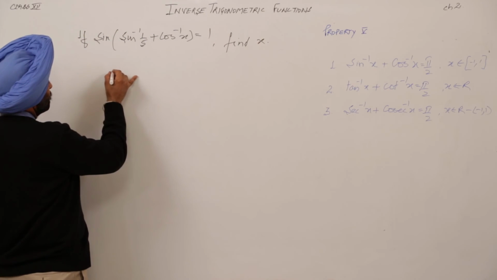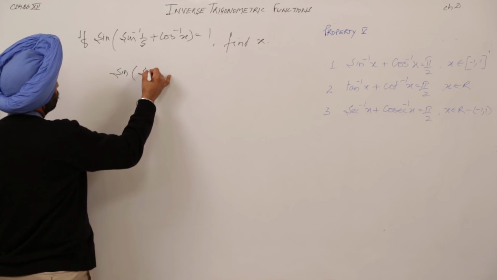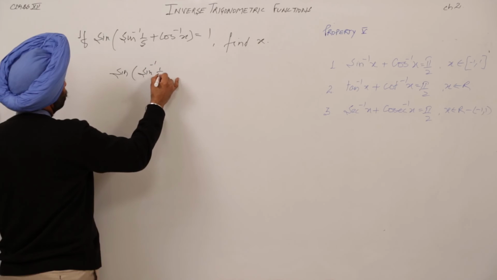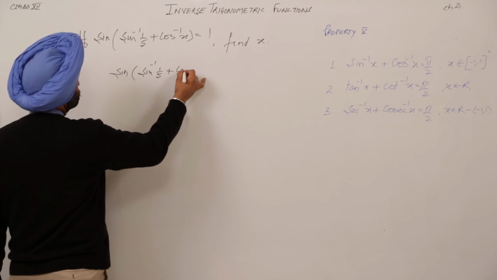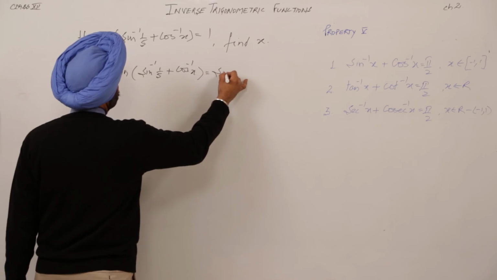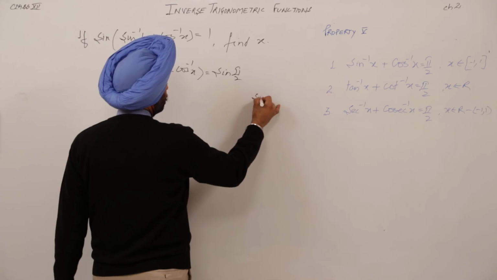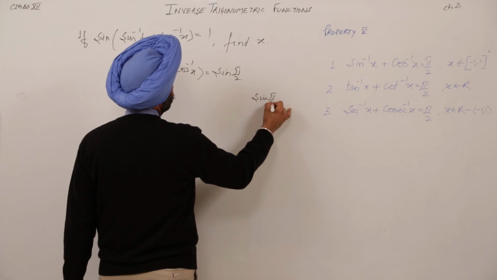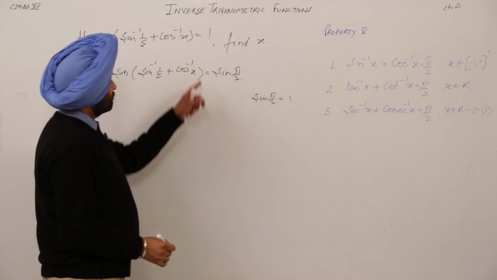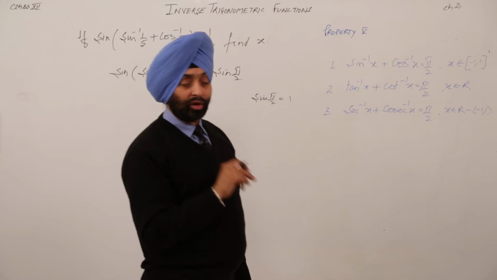Now can I write sin inverse 1 by 5 plus cos inverse x is equal to sin pi by 2? Sin pi by 2 is 1. So on the right hand side, in place of 1 I have written sin pi by 2.